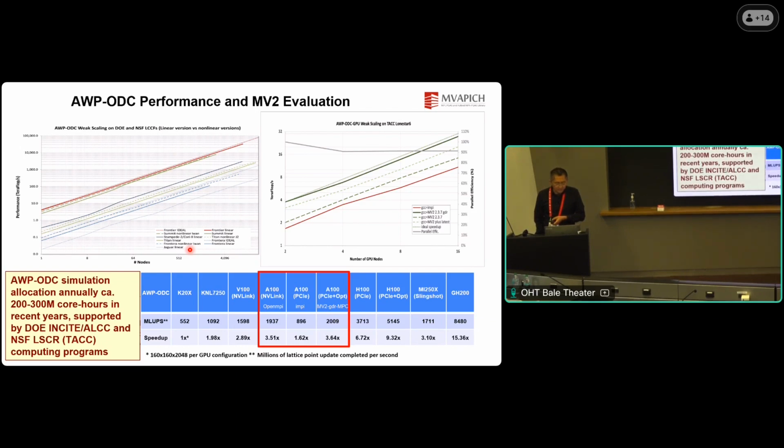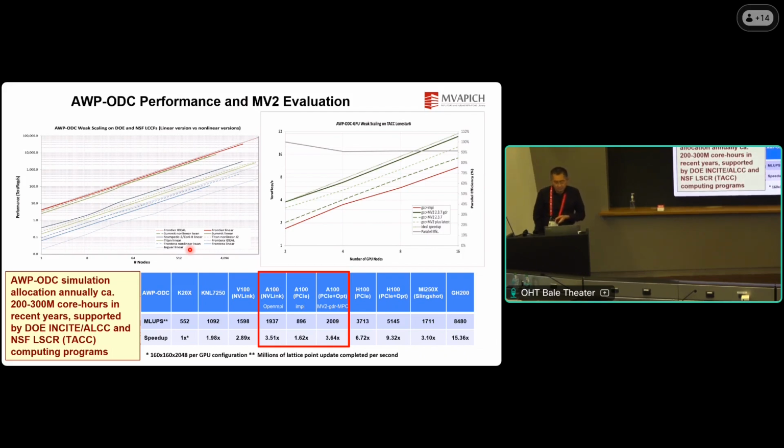If you look at the past, the K20X on the Titan machine at Oak Ridge, compared to what we have today, like Expanse with A100 using NVLink, and also Lonestar A100 with InfiniBand, you see how the speedup over the years has become roughly 3.5 times on Expanse.